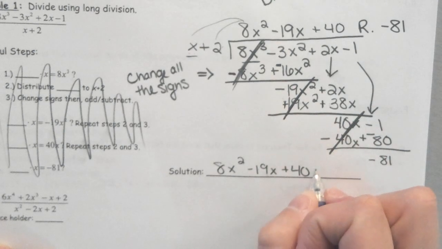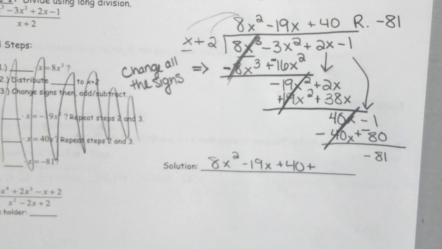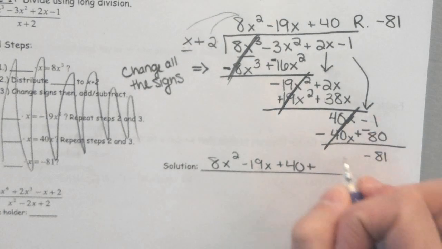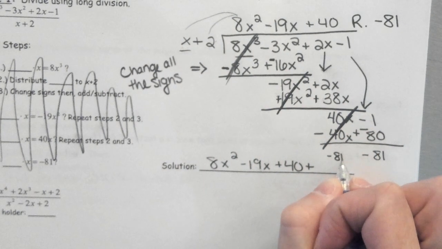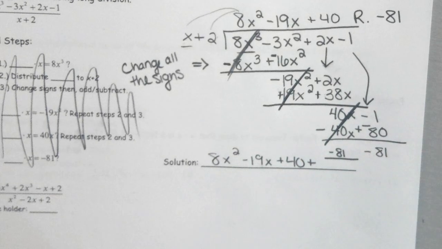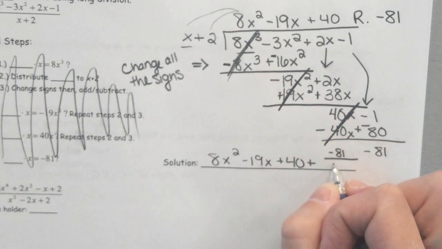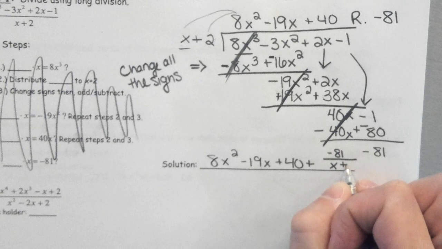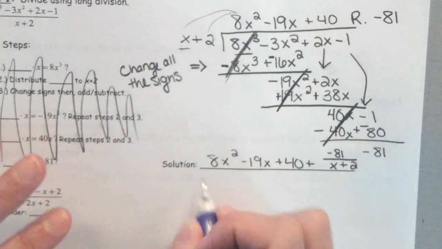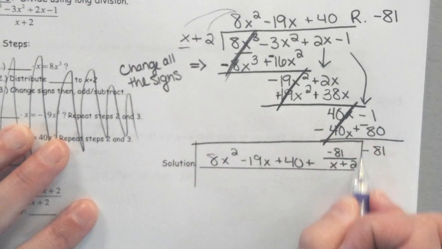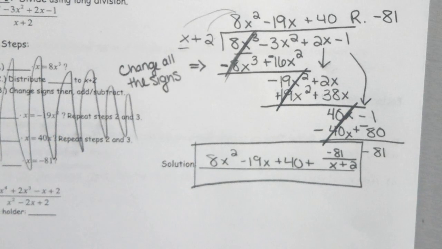Then you're going to add on the remainder. Your remainder was negative 81. And you put it over the divisor, which is x plus 2, the thing that you divided in. And that is your final answer.